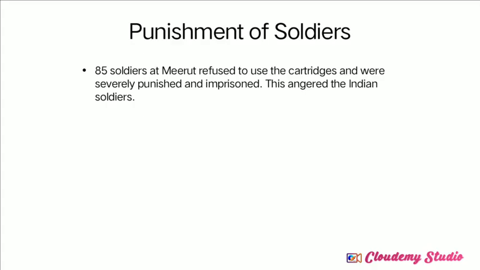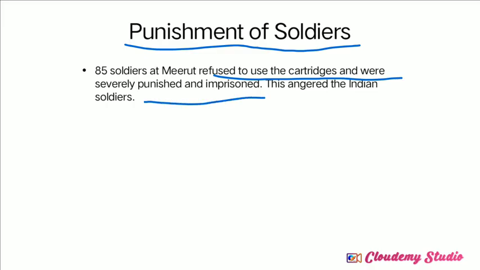Okay, yes. Now coming to the next point, punishment of soldiers. Indian soldiers who refused to use the cartridges were punished and imprisoned. It had become compulsory to use the Enfield rifles, regardless of religious beliefs and fears.